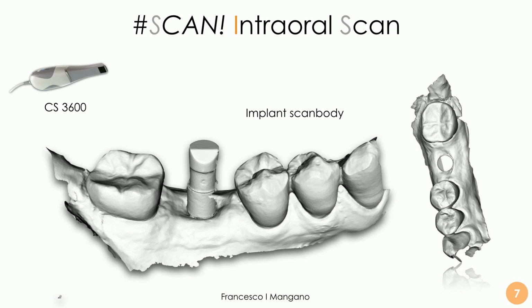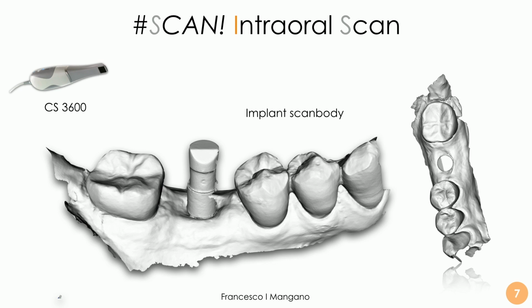A very useful trick is to use an individual customized healing abutment, but if you don't have it, you can use a healing abutment with a wider platform in order not to have any issue when you place the implant scan body, because placement of the implant scan body must be perfect.